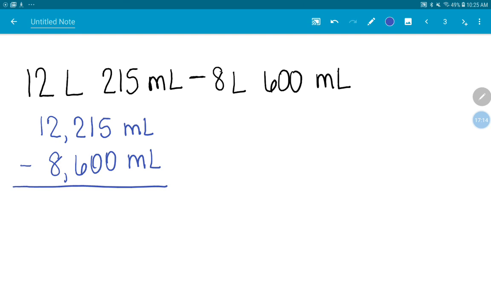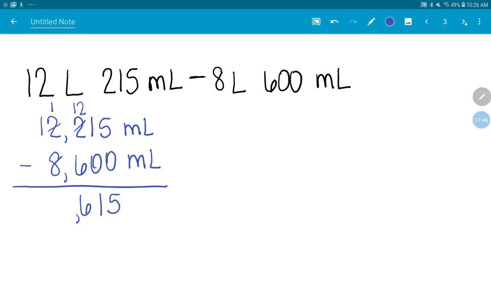Same thing, okay. All right, so when you subtracted, 5 minus 0 is 5. Good. 1 minus 0 is 1. I can't do 2. I can't take 6 from 2. So I had to go borrow from a neighbor. He has 1, and then I made that 12. 12 minus 6 is 6.